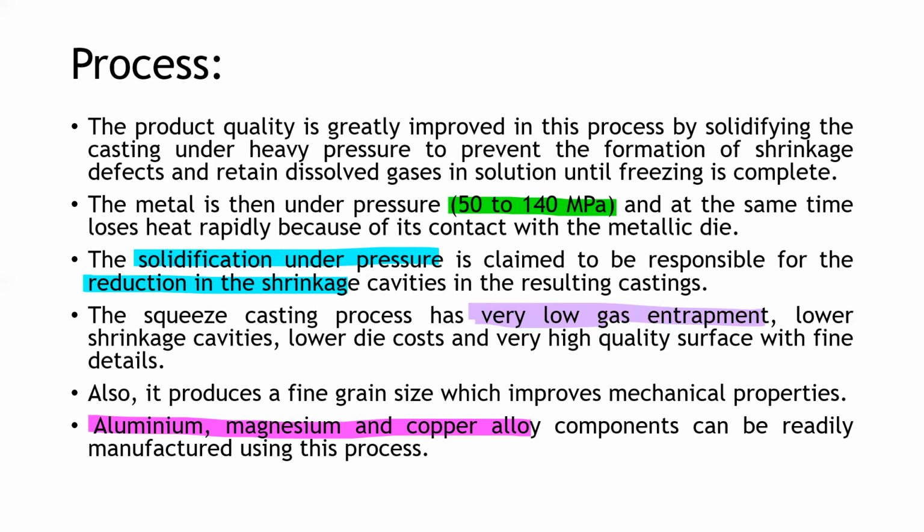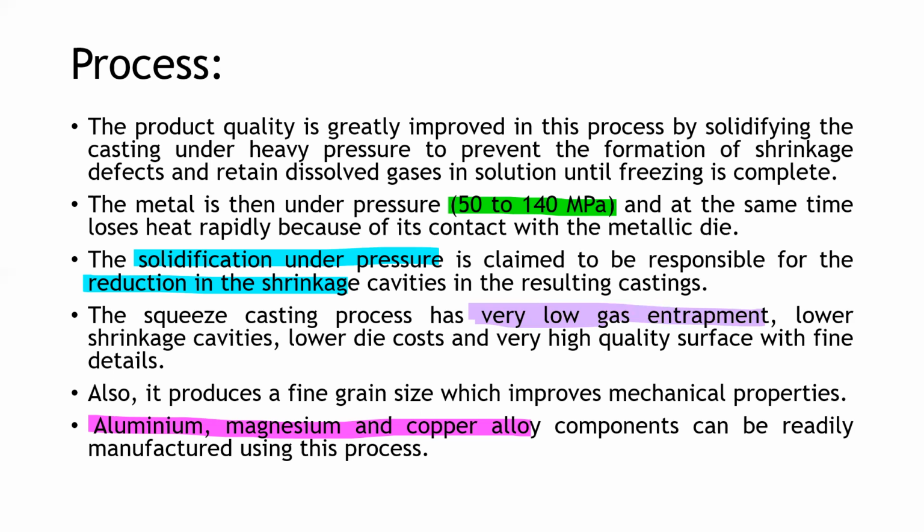Under the heavy pressure, the metal solidifies free from shrinkage cavities, and with low gas entrapment the porosity is eliminated. Here the molten metal is solidified under 50 to 140 megapascal pressure. Just imagine a high amount of pressure applied to the molten metal during solidification. This solidification pressure is responsible for the reduction of shrinkage cavities in the castings.